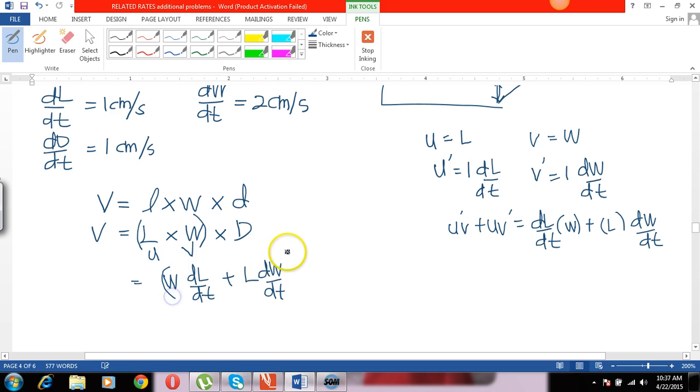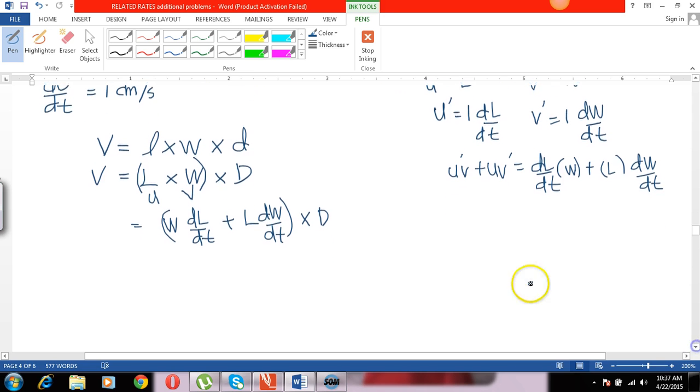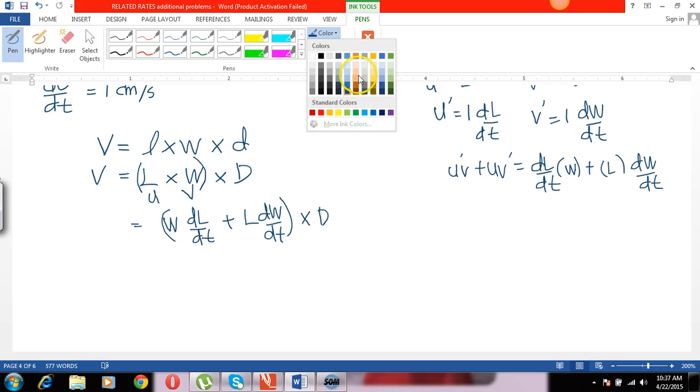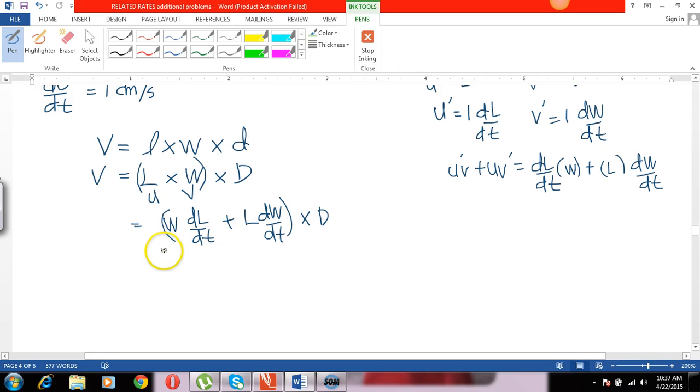Okay, this is one function times v, right? So now this is u times v. So now we can conclude that this is u, and again we have to use the product rule times v, right?